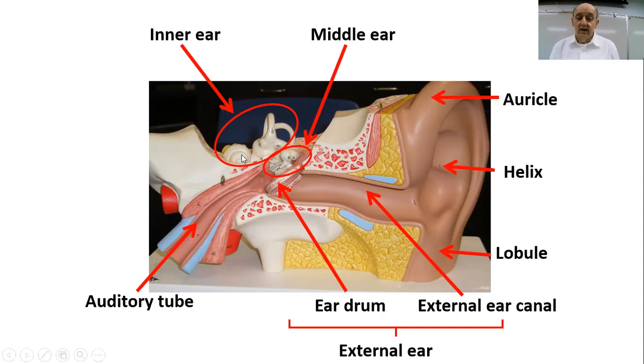So this is in tremendous contrast to the Meissner corpuscles, Pacini corpuscles that are scattered throughout the body. So special sense of hearing is called special sense because the receptors are exclusively located in this area of the body, not here, not in the adipose tissue, not in the skin.